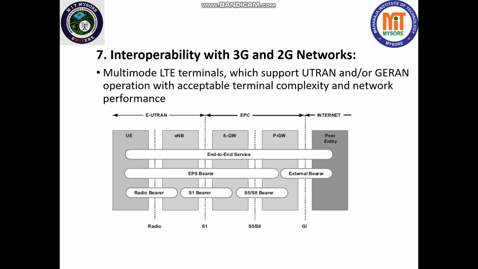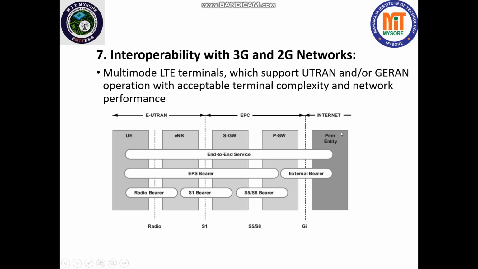And the last one is interoperability with 3G and 2G network. Multimode LTE terminals are there in the LTE network, which support UTRAN and or GRAN operation with acceptable terminal complexity and network performance. You can see in evolved UTRAN, this diagram, this is the user equipment, this is your base station, this is the gateway, switching gateway, okay, and peer entity.